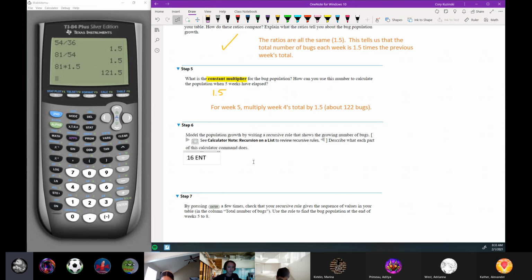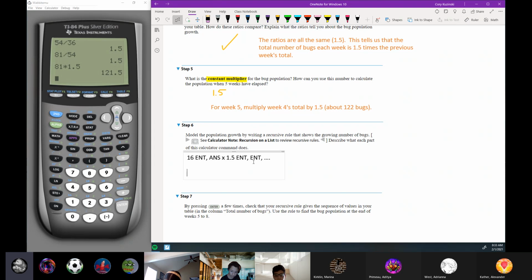We did recursive rules. That's kind of where we started when the Oakview people first came to me in this class. But 16, enter. And then we're going to take that previous answer and multiply it by 1.5. And then we can hit enter as many times as we want to get that next value.